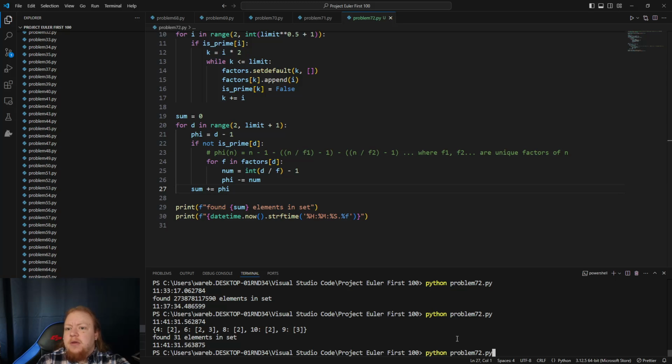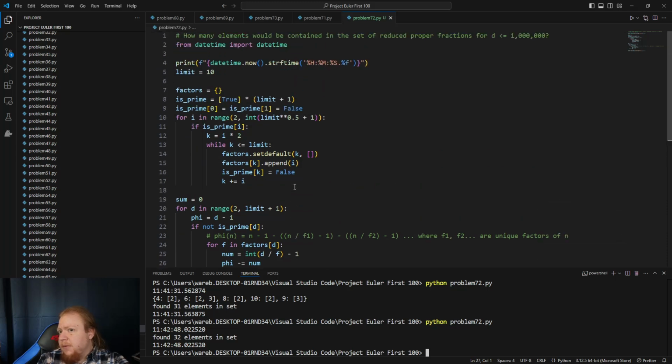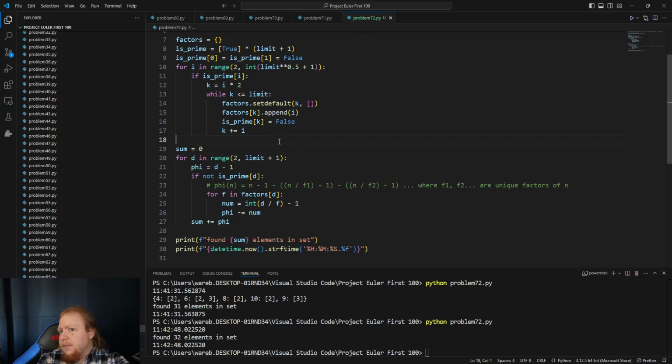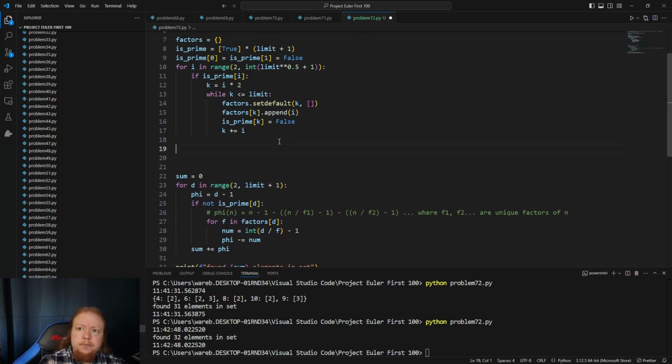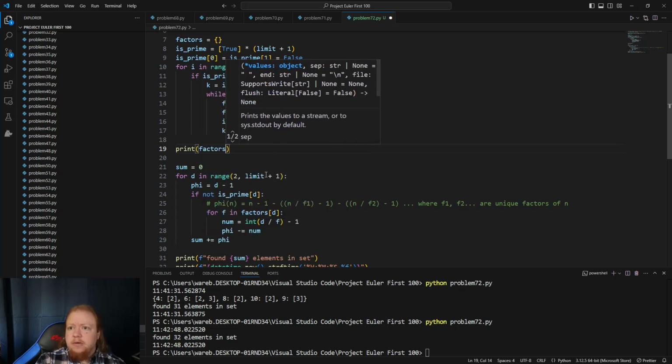Let's see if that gives us the correct answer for 10. Nope. We're off by 1 somewhere. Bringing back our printing of factors.